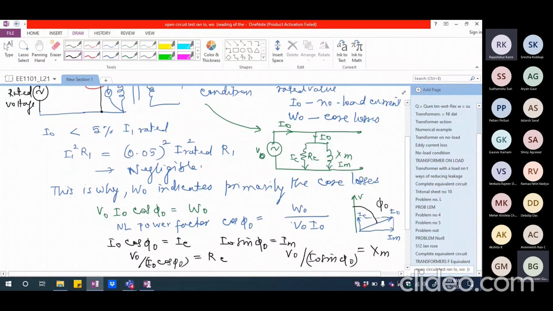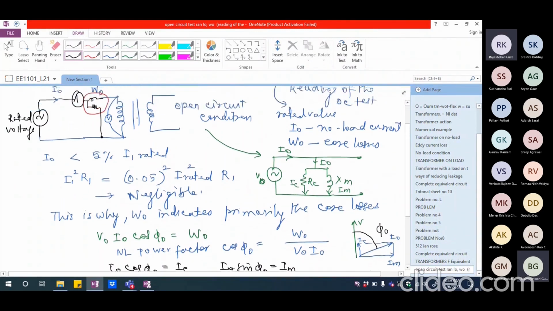So whenever I want to determine the equivalent circuit parameters which are parallel components in the equivalent circuit, I have to do it with the open circuit test or no load test, where I'll be applying rated voltage to the transformer's primary winding or secondary winding as the case may be, and I would leave the other winding on open circuit.